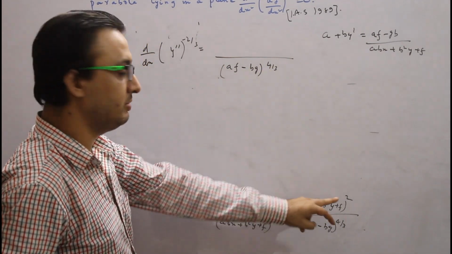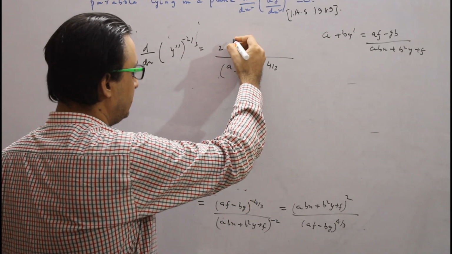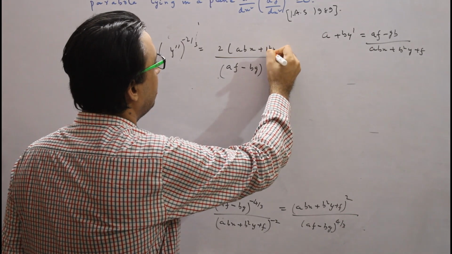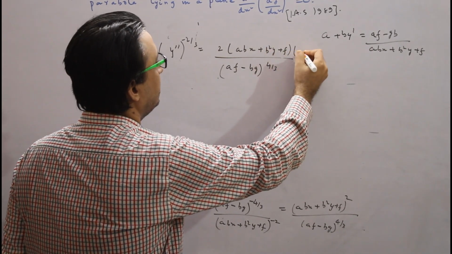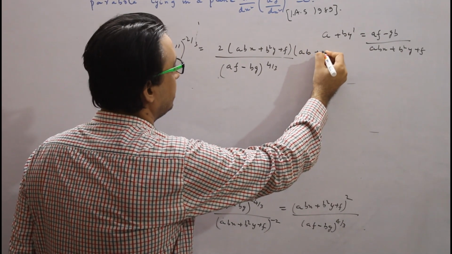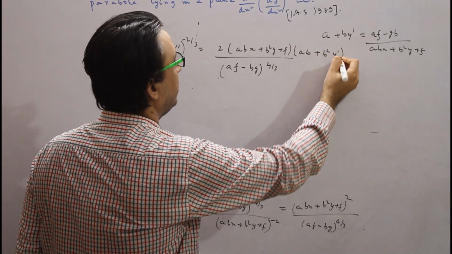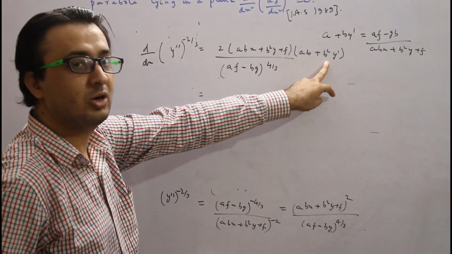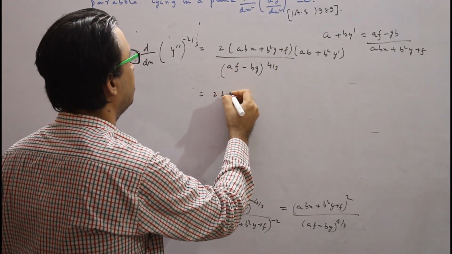If I differentiate it with respect to x, this becomes 2 times (abx + b²y + f) into (ab + b²y'). So I can see b is common here, so I will take that b outside.